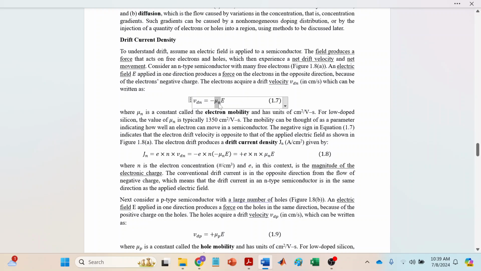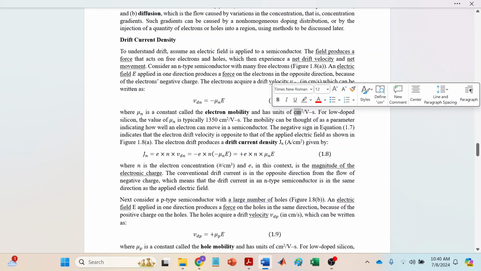So in the case where the charge carrier is an electron, this is the equation. You have the negative sign here because the electrons are negatively charged, and this constant is called the electron mobility, and this is its unit.